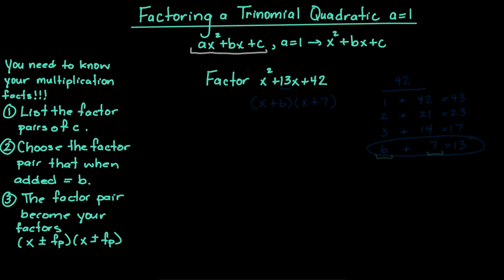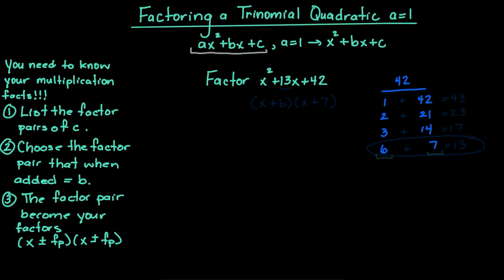Okay, let's factor x squared plus 13x plus 42. So our first step is to list the factor pairs of 42. So we have 1 and 42, 2 and 21, 3 and 14, 6 and 7.